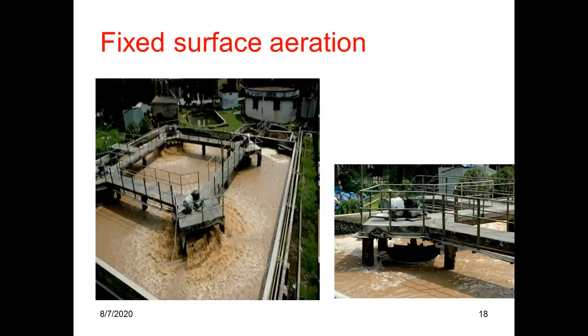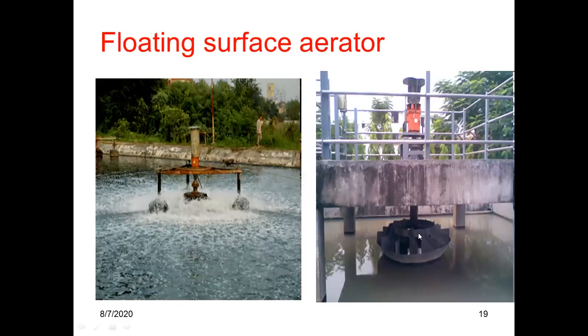The mechanical aeration system can be divided as fixed surface aeration or floating surface aeration. Here, those mixing impellers, turbine agitators are fixed to one point. And in some places there are floating surface aerators. They are floating, not fixed to a point. So these are floating, and this is a fixed one.